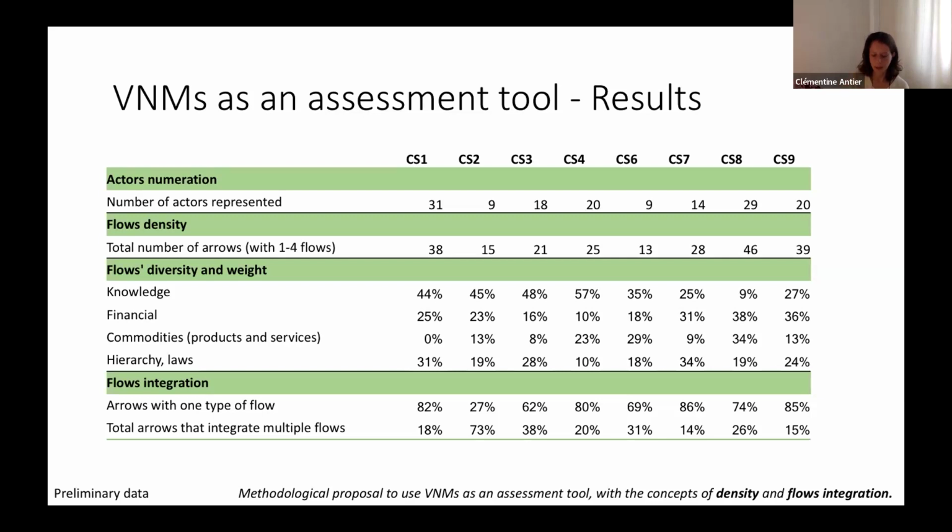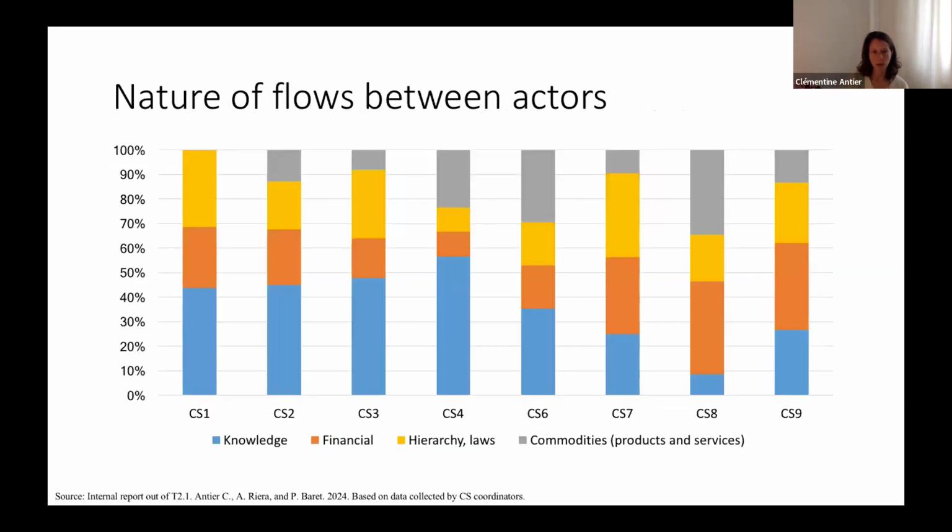So this means that the level of flows integration is not really high. Here you have the same data about the weight of each type of flow. So as I already underlined, the share of knowledge flows is quite high. There is some kind of balance between financial and hierarchy flows.